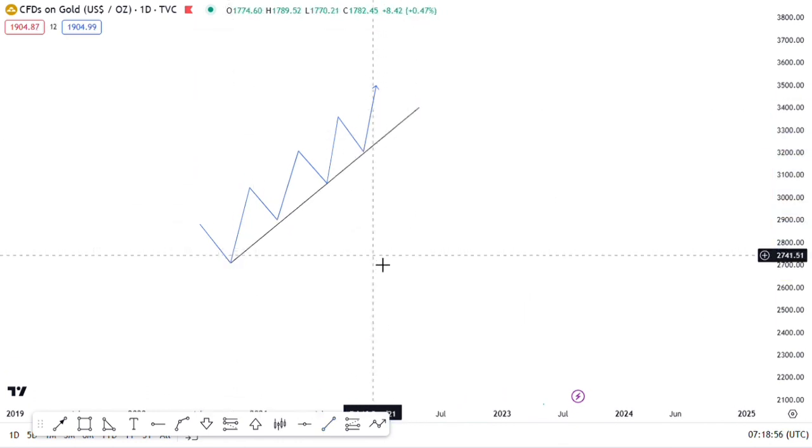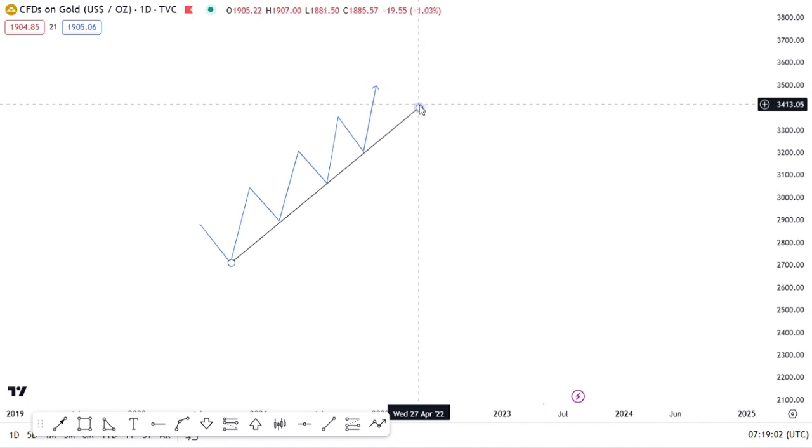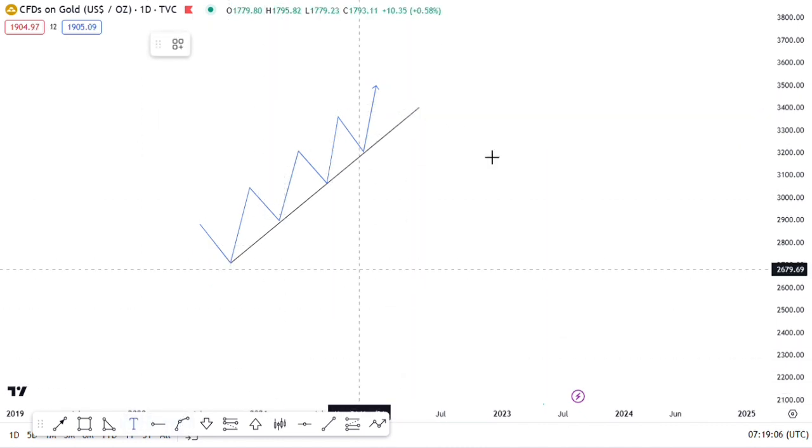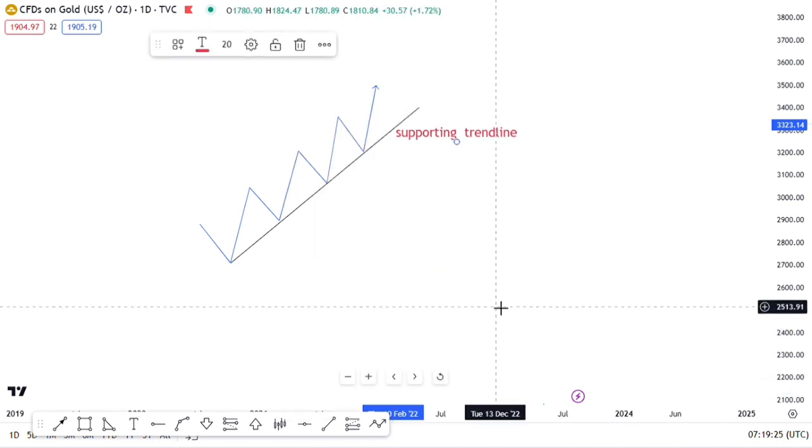So here I got a supporting trend line. This is a supporting trend line. Let me write it down so that you can see. This is my supporting trend line.